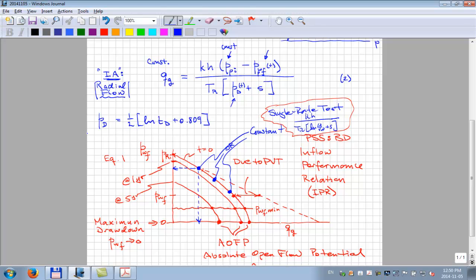And you can't do that with one point, because if you take the test, this is supposed to be our constant, but this is no longer constant. This is a function of time. Okay?